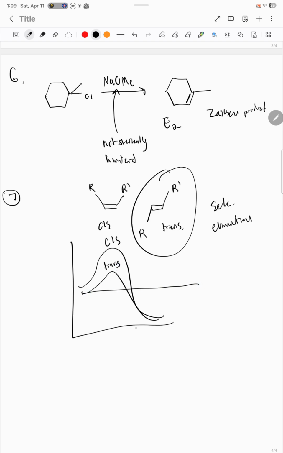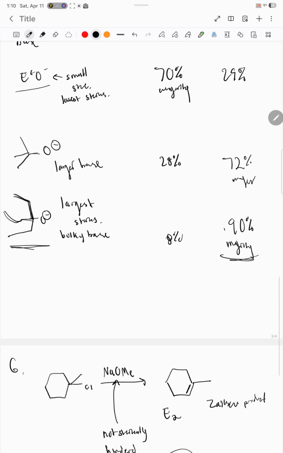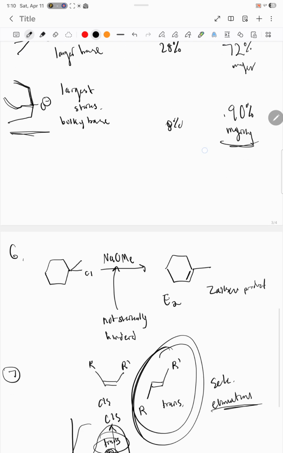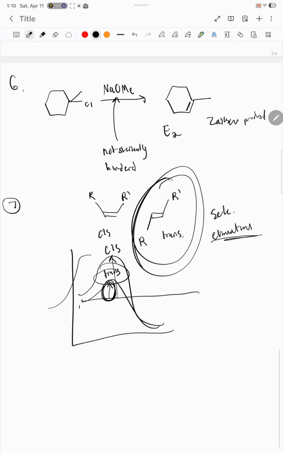Now, the laws of thermodynamics show us that we want an activation energy that's lower, because the lower it is, the less energy input we need. Trans happens to be lower, and that's why whenever we get elimination products like these and we have to consider stereochemistry, it's always the trans.